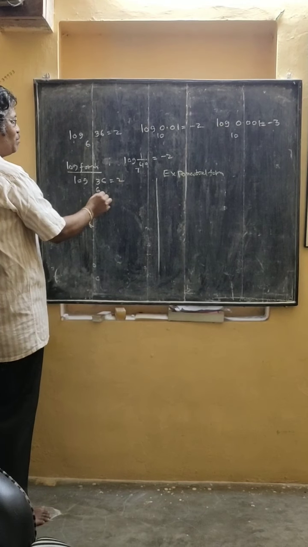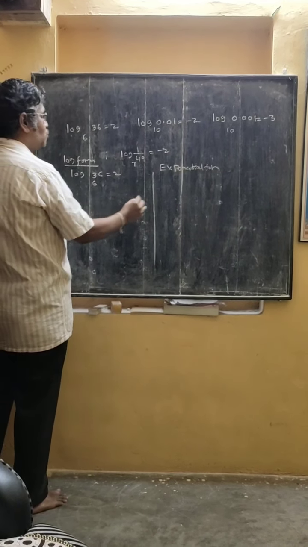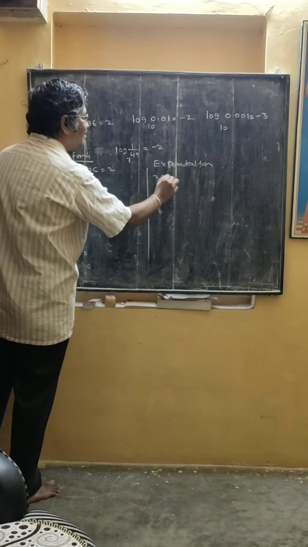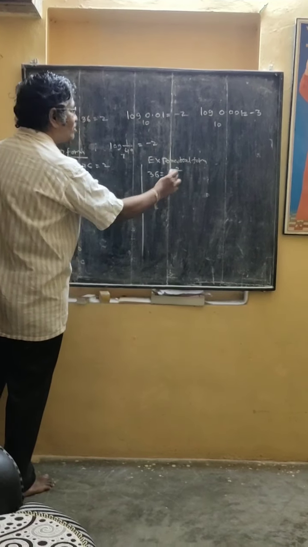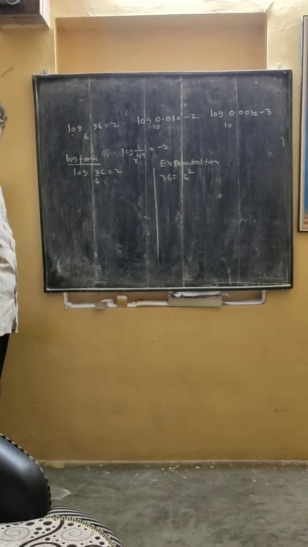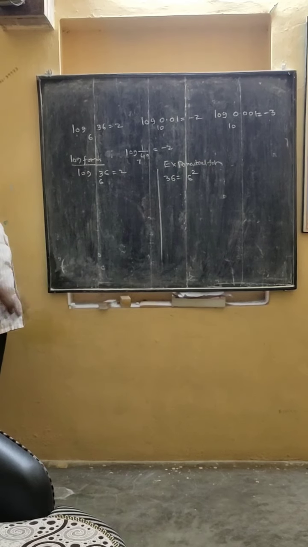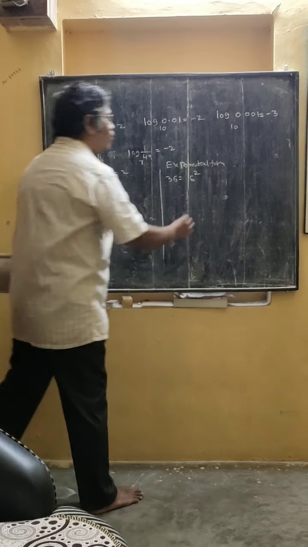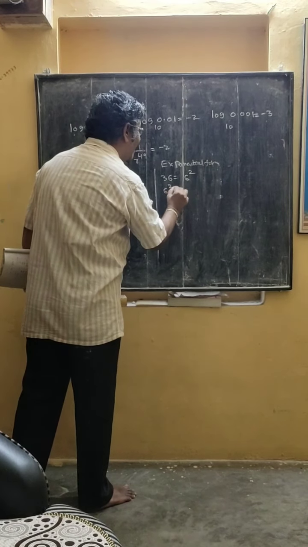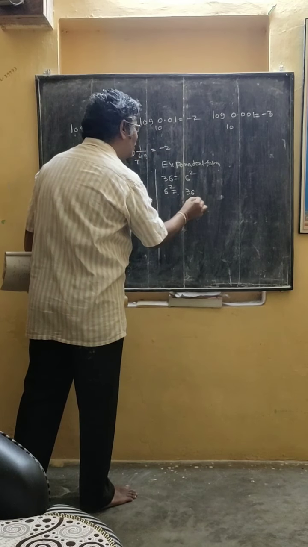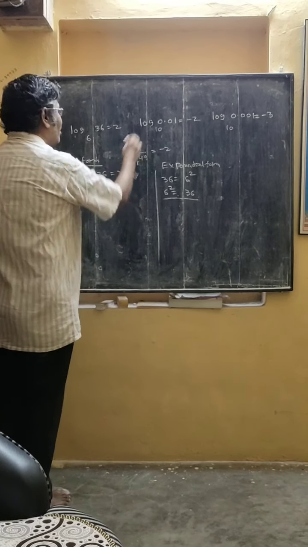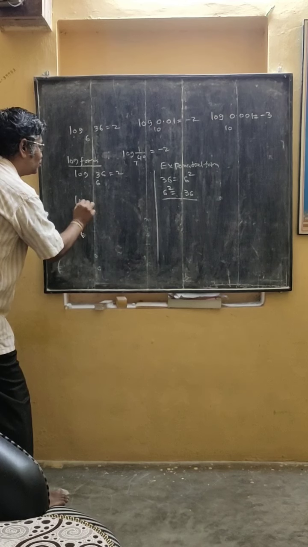Log 36 to the base 6 is 2. How can you write it? 36 is equal to 6 square, or if you want, you may write it as 6 square is equal to 36. Both are the same.